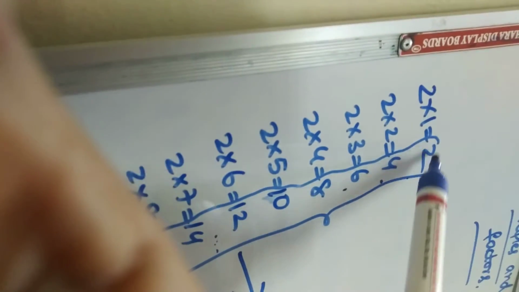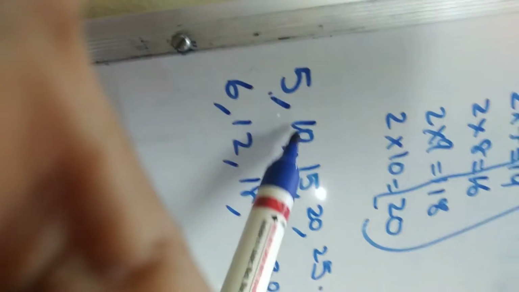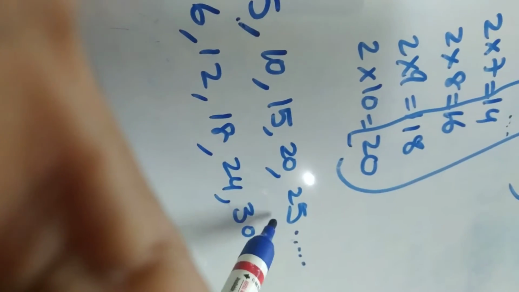So 2 ones are 2, 2 twos are 4. These are called multiples of 2. Can you say these are 5, 10, 15, 20, 25? These are multiples of 5. Very good.